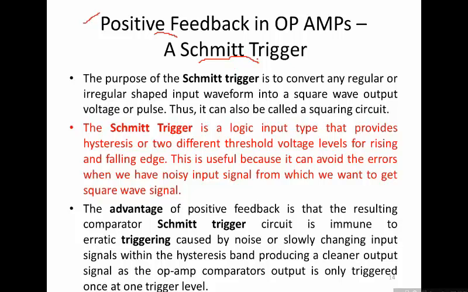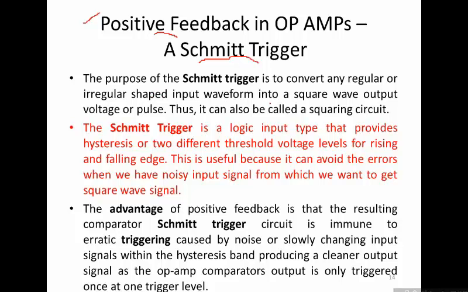What is a Schmidt trigger? A Schmidt trigger is basically an op-amp with positive feedback, and the purpose of the Schmidt trigger is to convert any regular or irregular shaped input waveform into a square wave voltage or pulse. So first of all, the job of the Schmidt trigger is to convert an input of any irregular or regular form.